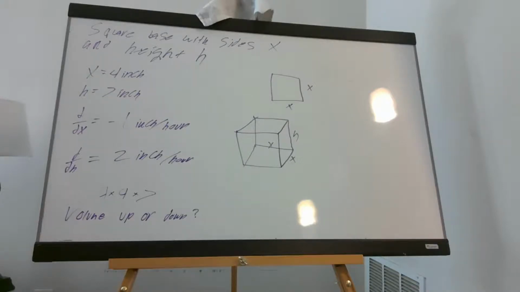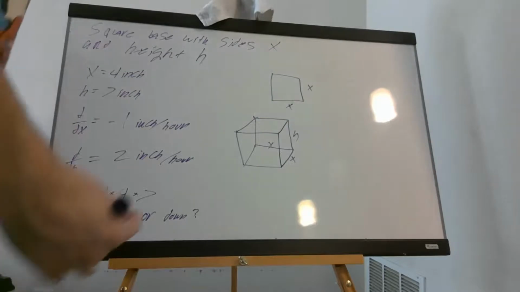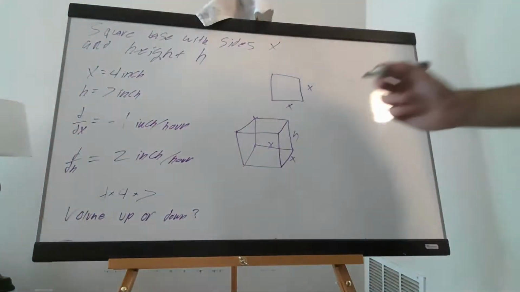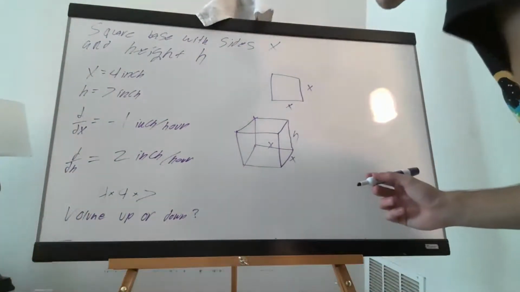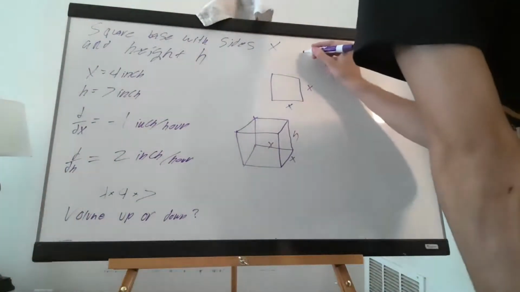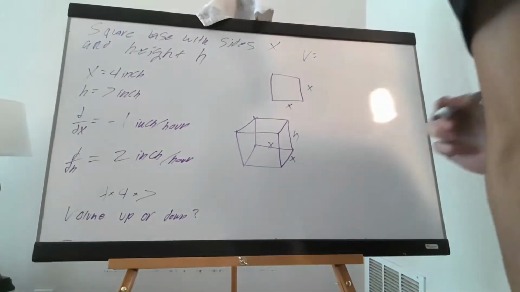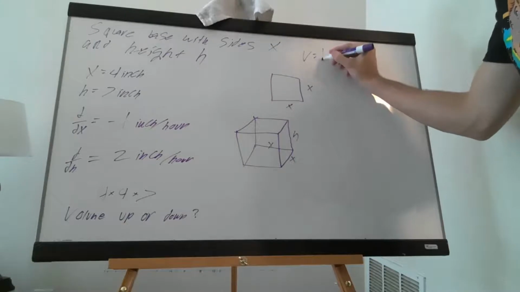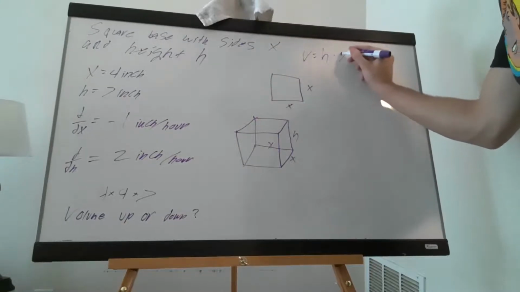Okay, so this one looks tricky because we have two variables, but they gave us all the information for the problem. So this right here is a problem that is just meant to look intimidating, but is actually not that bad. Because we know that volume V is equal to h times x squared.